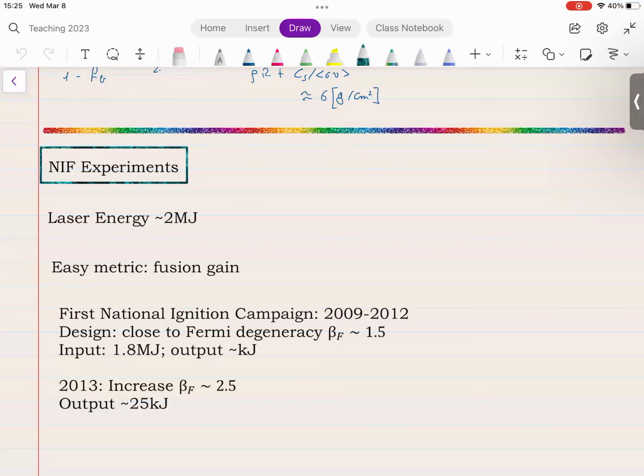That was done a little later. This is not random.